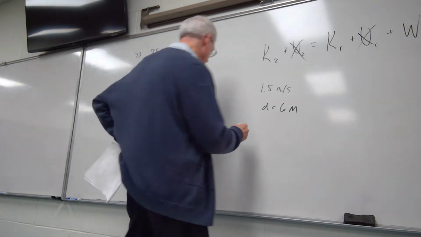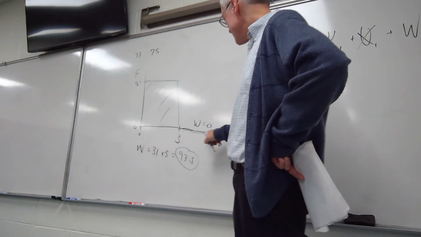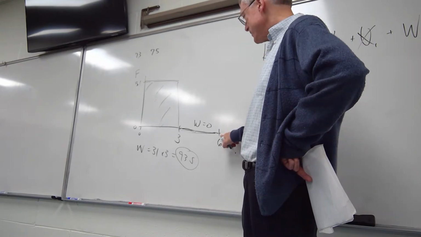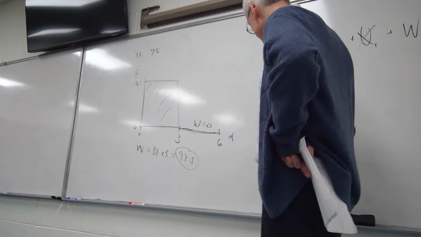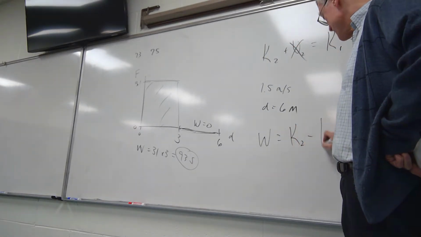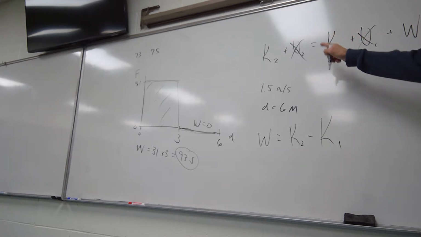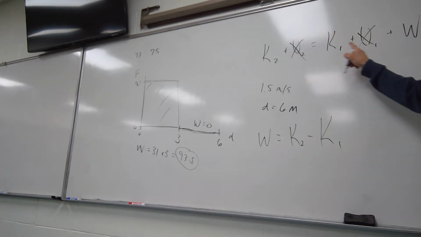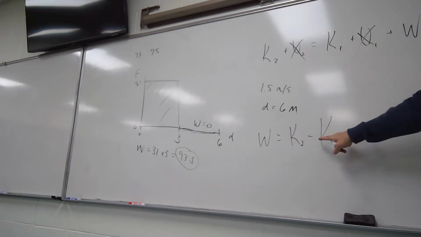The work done was 93 joules. The total work, because none was done here. And the work done has to be equal to the change in kinetic energy. For the same reason we said up here, the U's are going away, the skater never did go up and down, there's no height. So take out the U's and you get this.